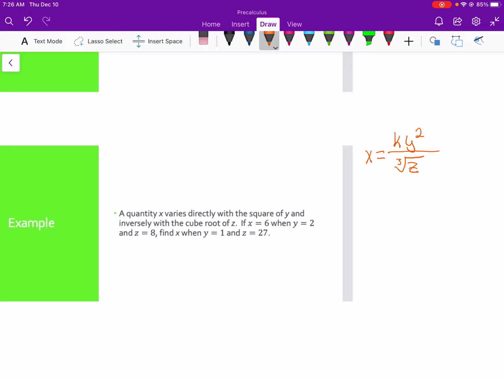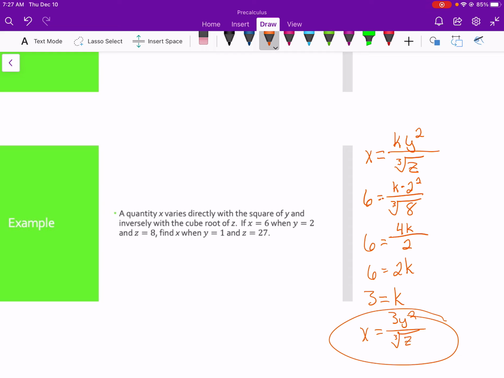Same thing we were doing before, x equals 6 when y equals 2 and z equals 8. So let's find k. So we have 4k over 2, because the cube root of 8 is 2. So 6 equals 2k, divided by 2, 3 equals k. So our equation is x equals 3y squared over the cube root of z.